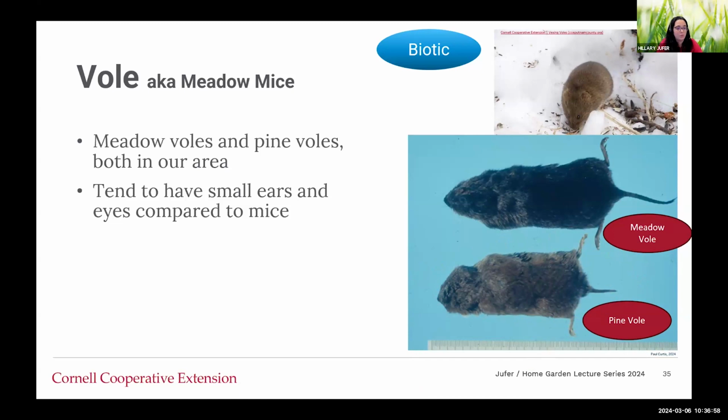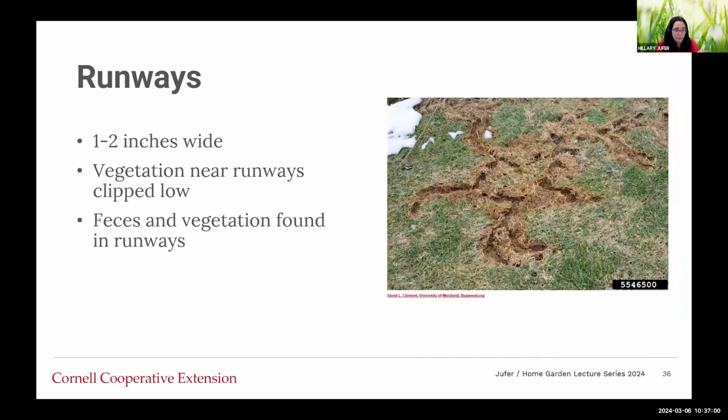And they live their life through runways. Since they are a little different, pine voles' runways are found underground. Meadow voles' runways are at the surface. They're about 1 to 2 inches wide. You can kind of see them going around right here.